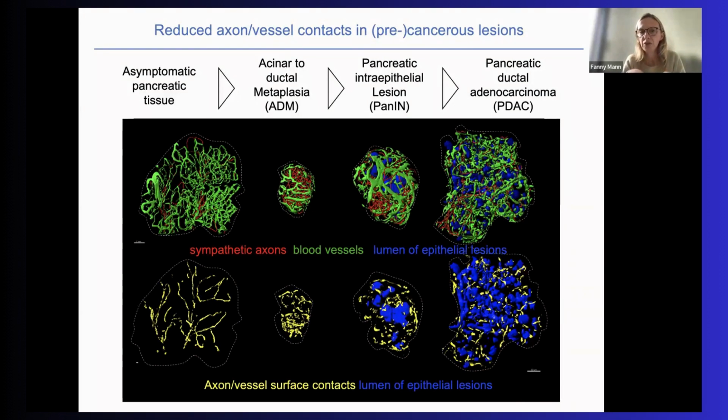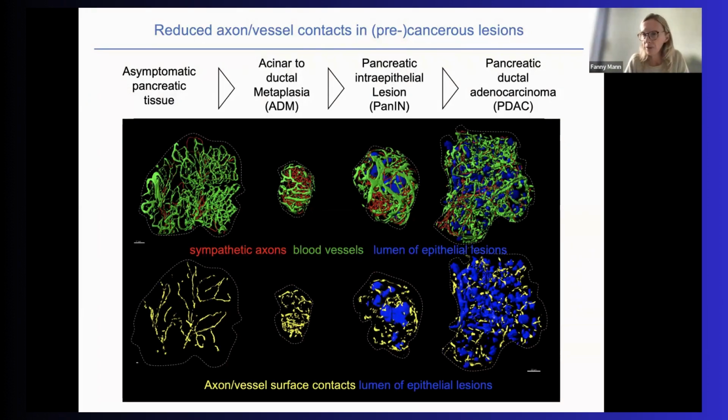And the surface of contacts between the two networks were extracted, and they are shown in yellow in the bottom panels. And what we found is that in the healthy tissue, the sympathetic axons and the blood vessels are perfectly well aligned. But in all precancerous and cancerous pancreatic lesions, the contact surface between the axons and the blood vessel were much smaller and more fragmented.